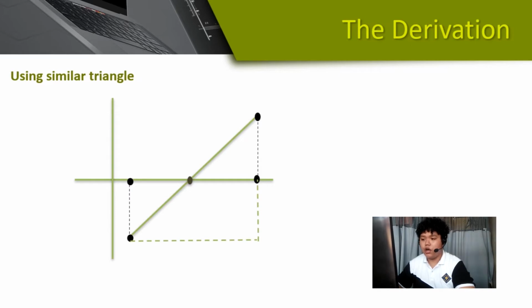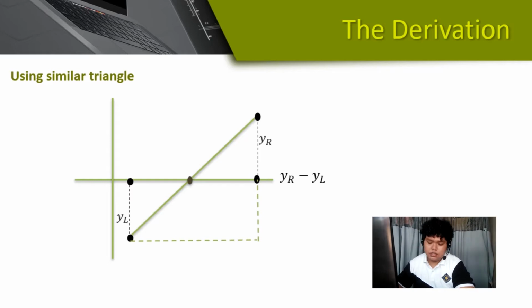Our y values are yr, the function of the right limit, and yl, the function of the left limit. Since yl is under the x-axis, it is understood to be negative. Thus, yr minus yl equals the total height of our triangle.